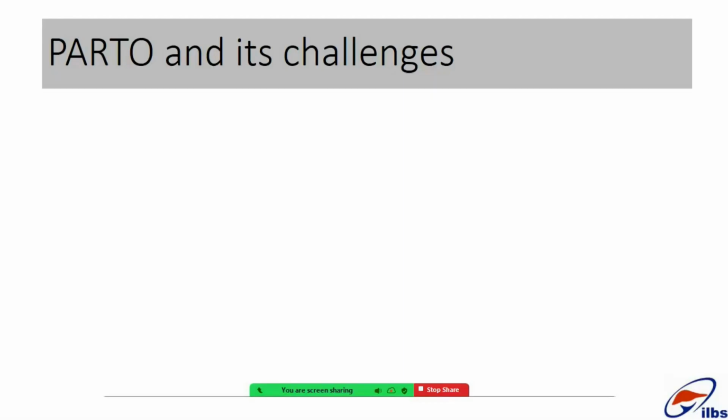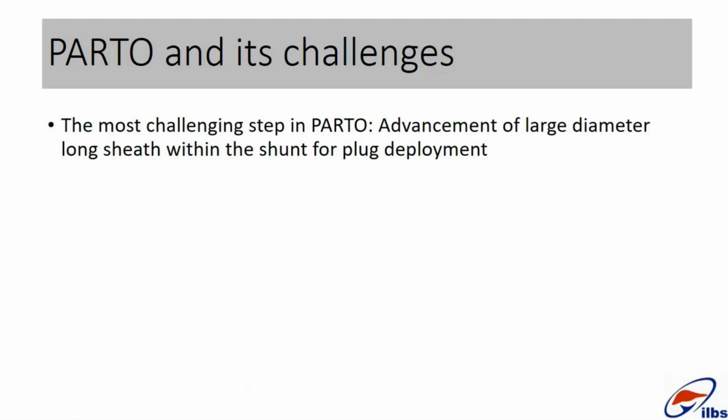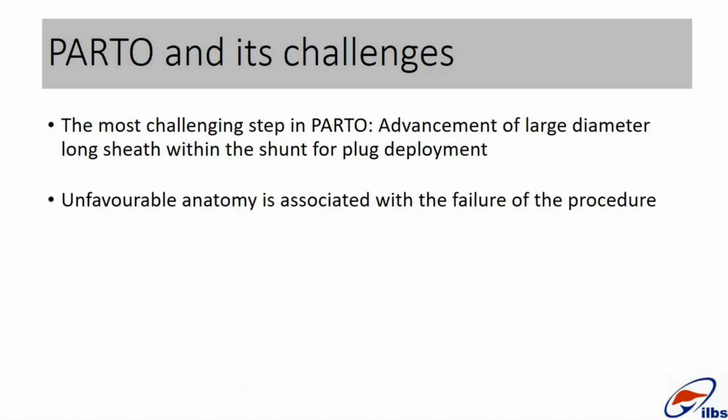But PARTO still is not the most simple procedure. It has its own challenges, like advancement of a large diameter long sheath. You need a long sheath for delivery of the plug, and that's one of the most limiting factors. There may be unfavorable anatomy, as I showed in the initial slides, because anatomy may vary depending on how the varices form.